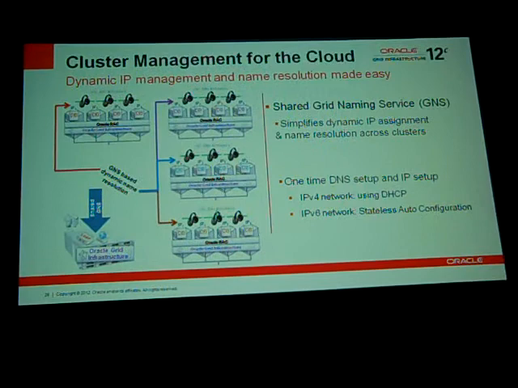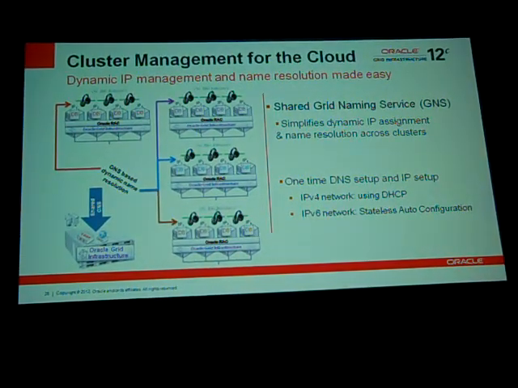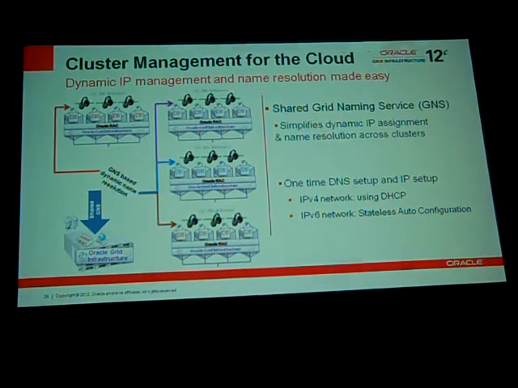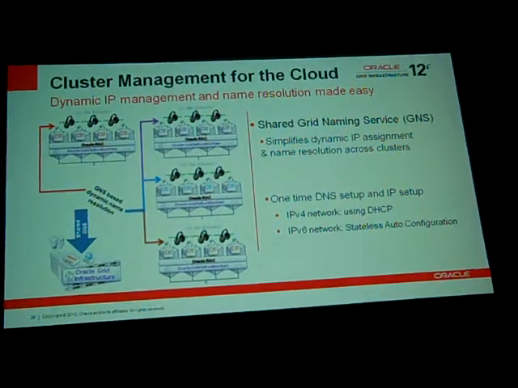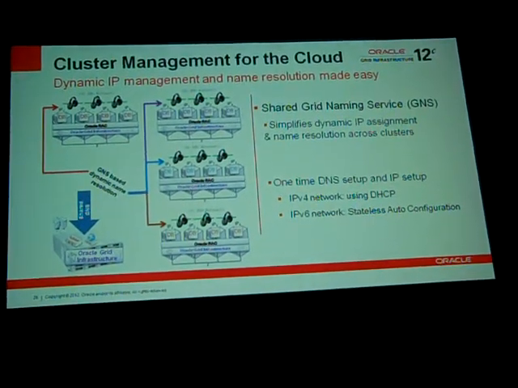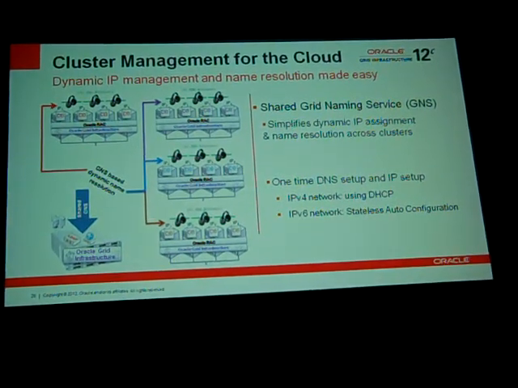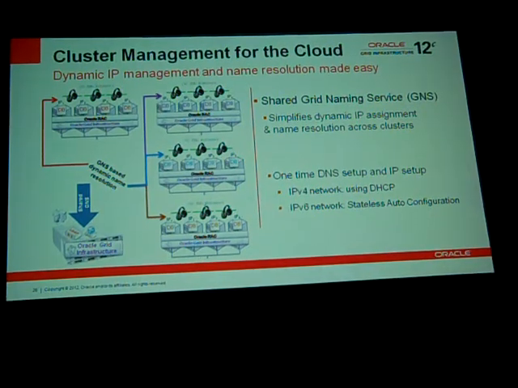Now, how would that work? We would expect you use either DHCP for IPv4 networks, or if you already switched or are planning to switch to IPv6, you can actually use the stateless auto configuration to automatically generate IPs and then take care of the name resolution. And if you have looked into IPv6, this will be more and more the standard.